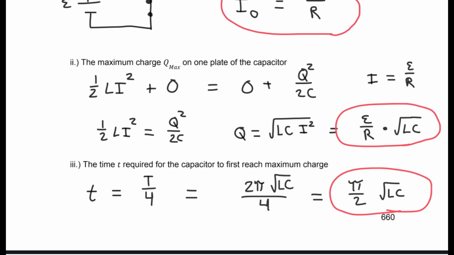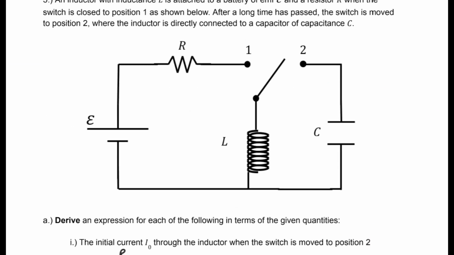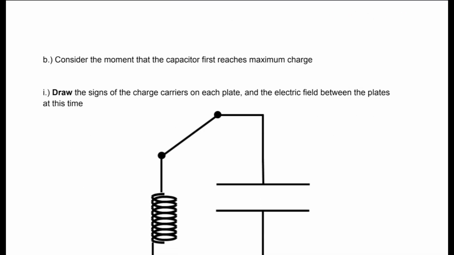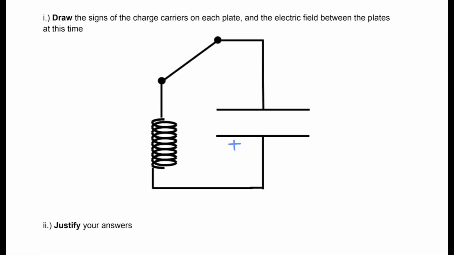And then some conceptual things to end with. Consider the moment the capacitor first reaches maximum charge. Again, the current would originally be flowing down, so positive charges are flowing that way. So we will have the bottom plate of the capacitor being positively charged at this moment. So draw the signs of the charges on the capacitor and the electric field between the plates.